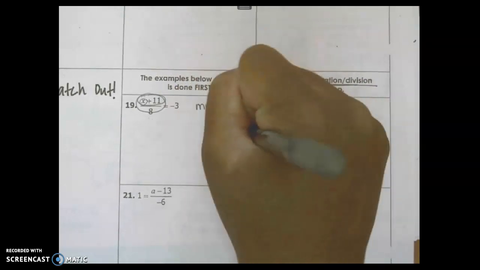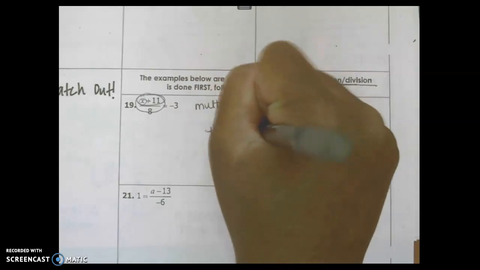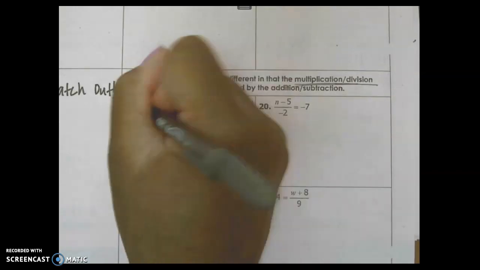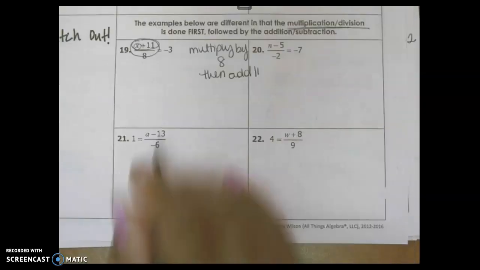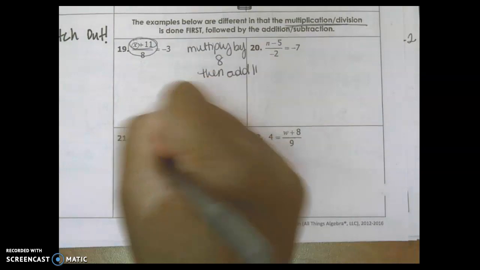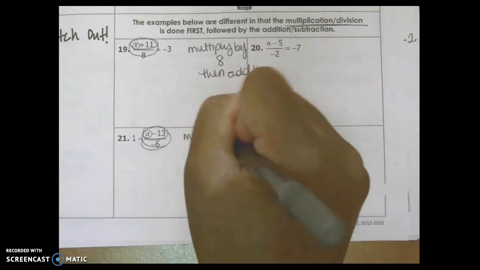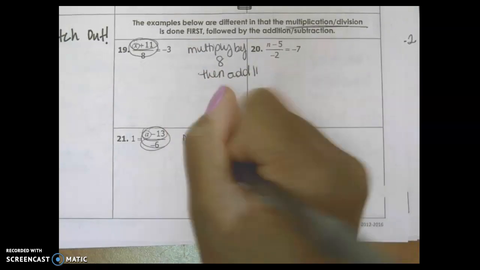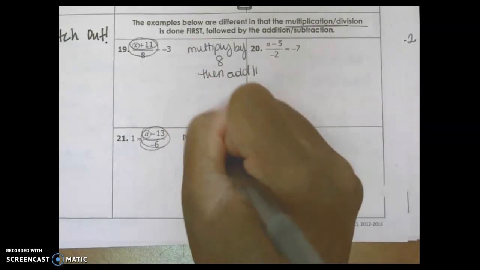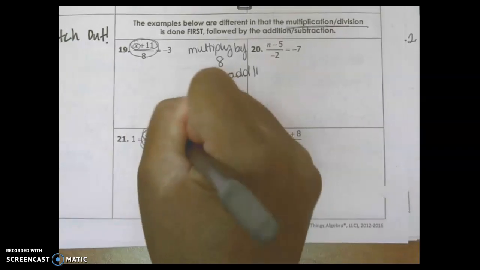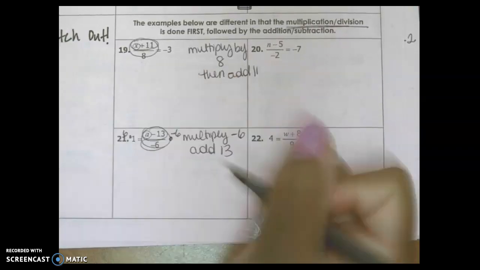Then add 11, because that's the opposite. So down here, we have to multiply by negative 6. And then add 13, because that's the opposite. So times negative 6, times negative 6.